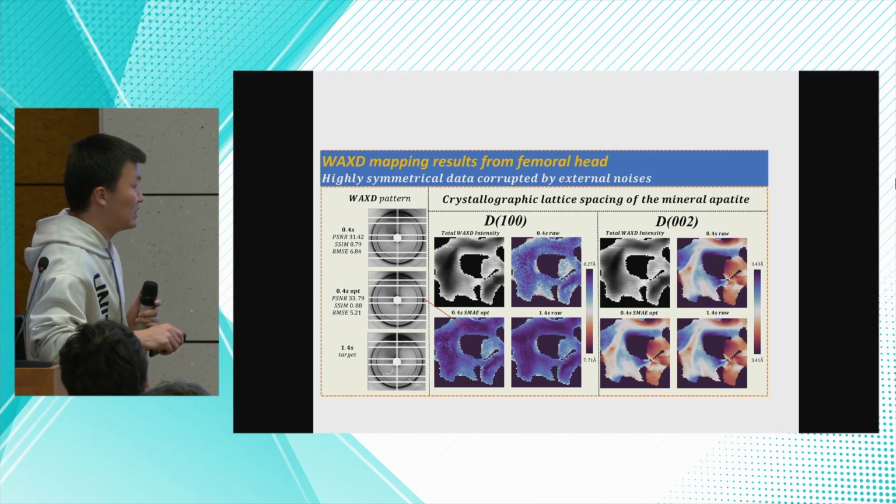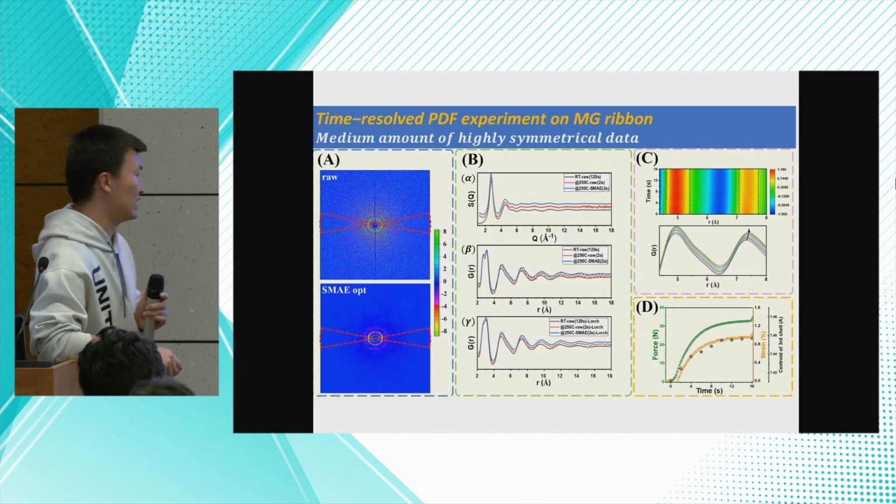But you can see from here, the raw data is like this. This is high SNR data, and this is the data we recovered from the low SNR data, and you can see the effect is very impressive.